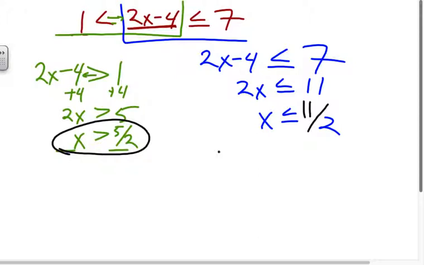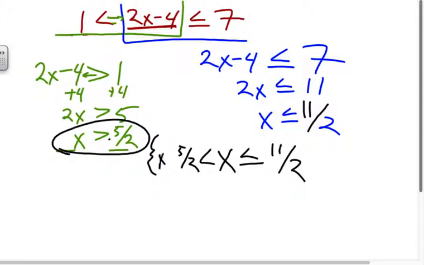All right, so I know that my x values have to be bigger than 5 halves. That's from here. But they also have to be less than or equal to 11 halves. And for set builder notation, it's easy to do. You just do all x such that, and you've got this thing. Okay? This is set builder for interval.